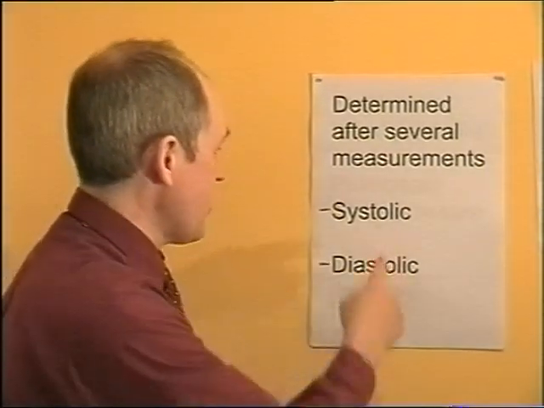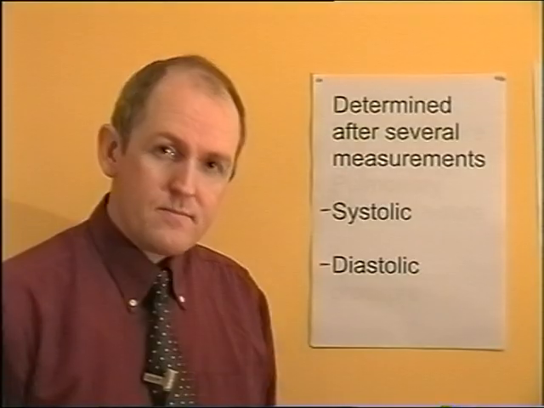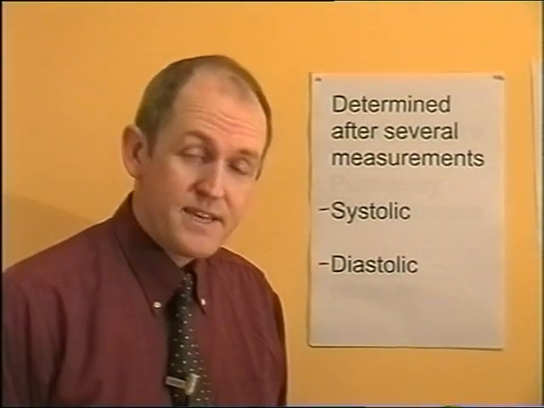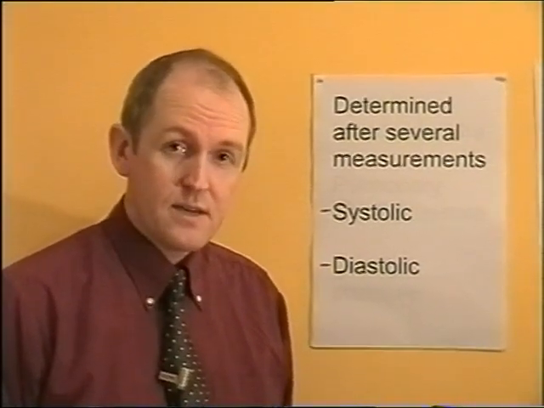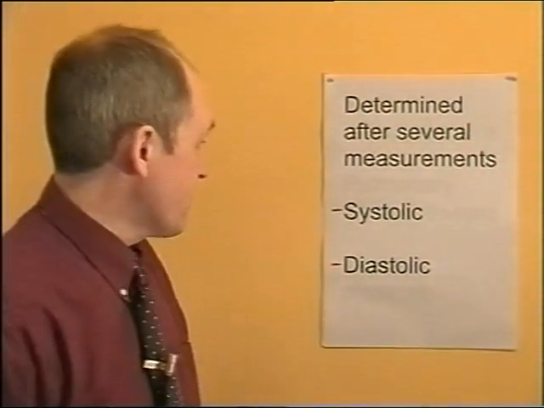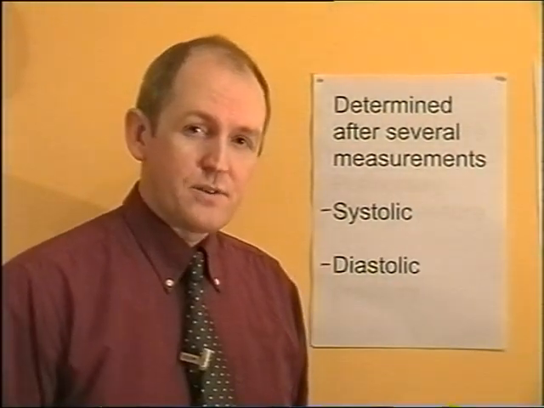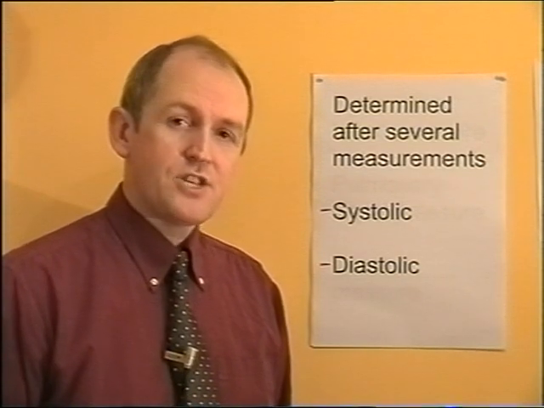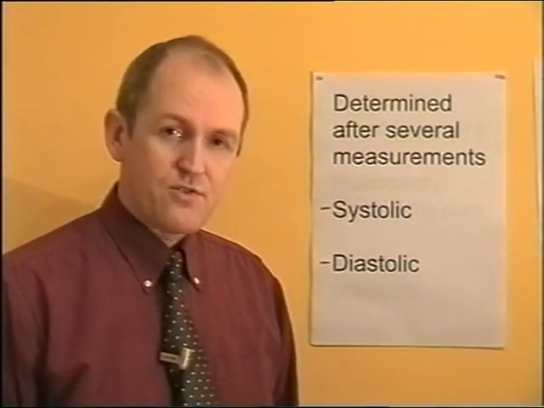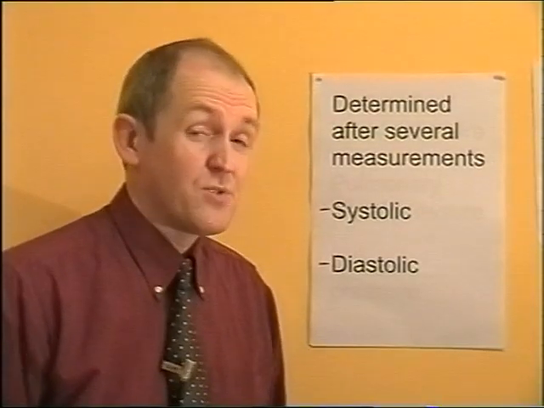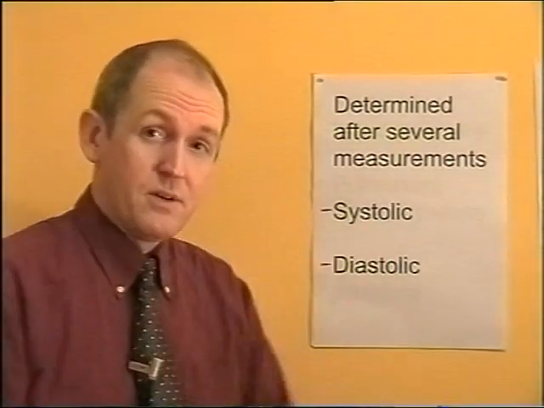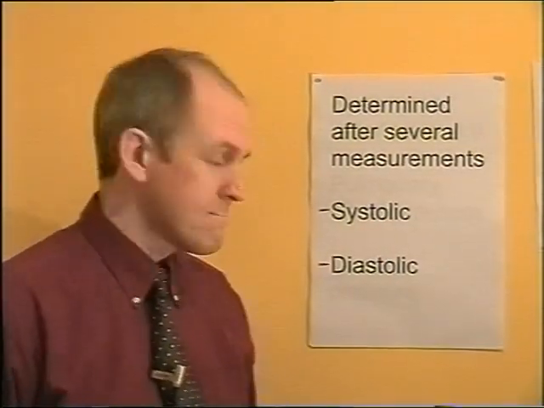And that is the systolic blood pressure. So when you take a blood pressure, you get two readings, a higher reading and a lower reading. The higher reading is the systolic pressure, and it represents cardiac contraction. It is when the heart is actually in the act of contracting. That is when the ventricles are actually contracting, pushing the blood out of the heart.